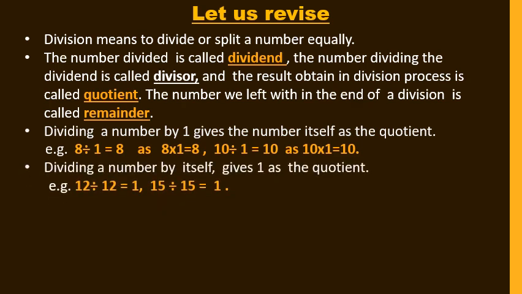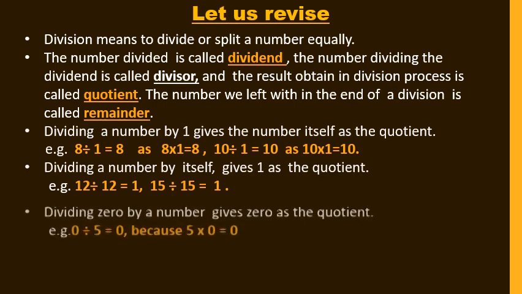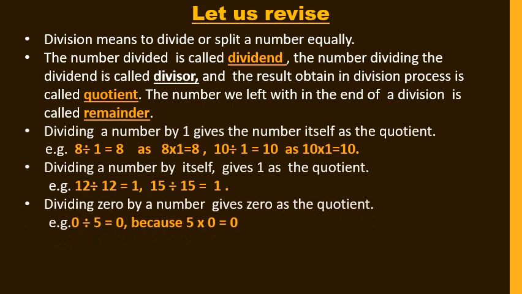Dividing a number by itself gives 1 as the quotient. For example, 12 divided by 12 equal to 1. 15 divided by 15 equal to 1. Dividing 0 by a number gives 0 as the quotient. Example, 0 divided by 5 is equal to 0 because we know anything into 0 is 0.